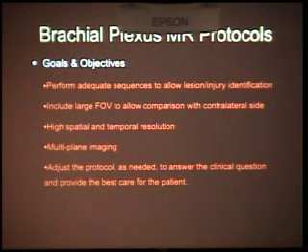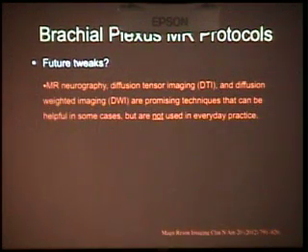Again, 3 planes is really highly recommended. When I was in my fellowship, we caught some subtle findings just because we did all 3 planes. And again, talk to your clinicians so you can find out where they think the injury is, so you can really hone in on that area.